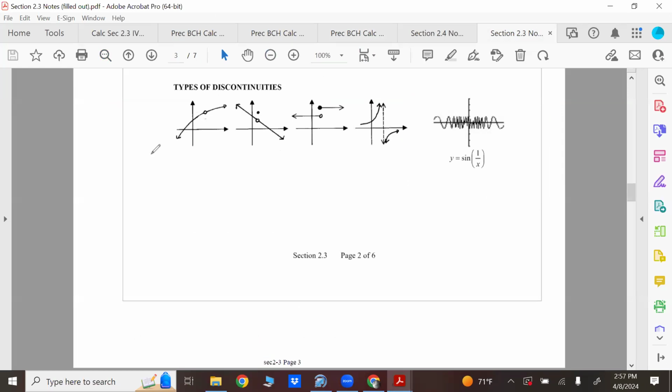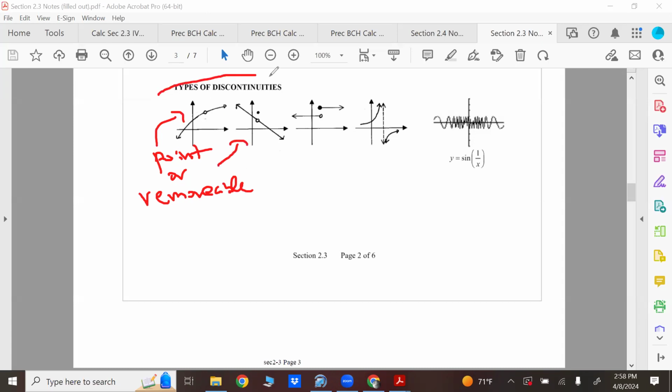So, types of discontinuities. We can use either term, it doesn't matter.